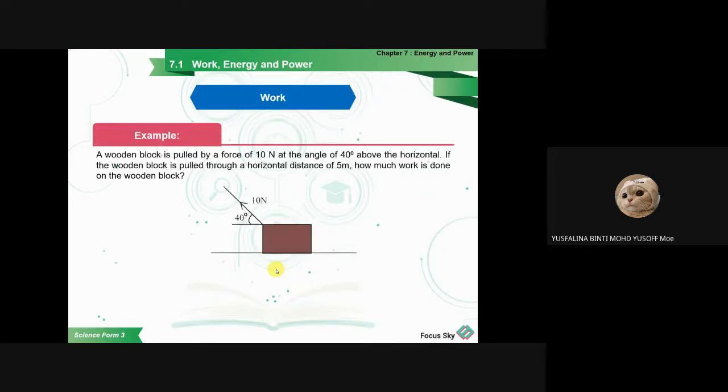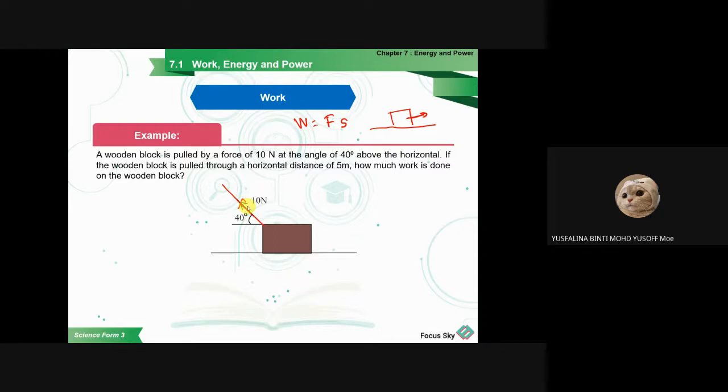Alright, for this one we have to use this formula: force multiplied by displacement. But as you can see here, all the forces that have been given are in a straight line like this. For this one, the force is inclined like that. It's not a straight line.